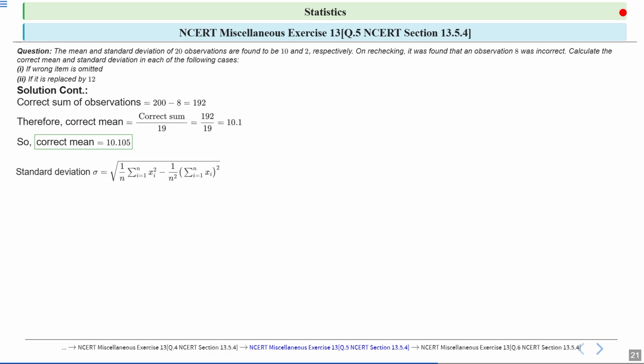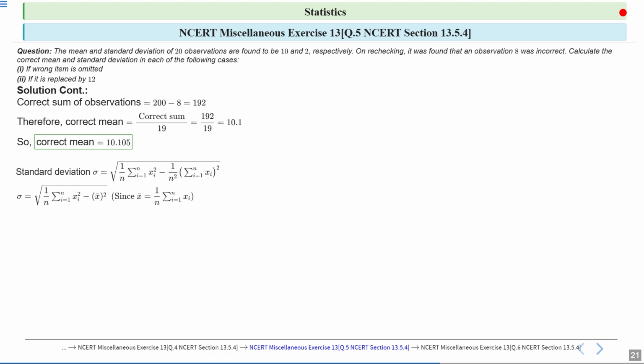Next, let's recall the formula for standard deviation. The formula is sigma equal to square root of 1 divided by n summation from i equal to 1 to n of xi squared minus 1 divided by n squared times summation from i equal to 1 to n of xi, whole squared.